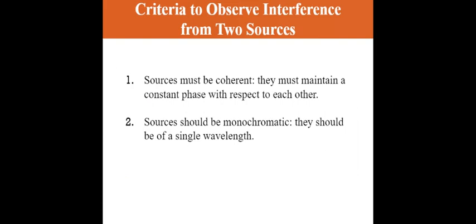Also, both light sources from either slit should be of the same wavelength. If there's a variety of wavelengths coming out of each slit, then you won't be able to see an interference pattern, because at some points only some parts of the light will interfere and some won't. But when you have a single wavelength present, you will clearly see the points where those waves overlap constructively or destructively.